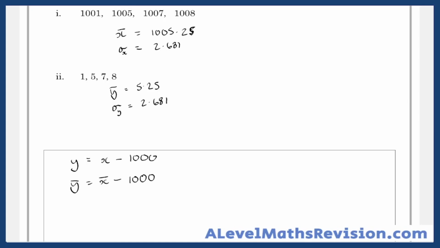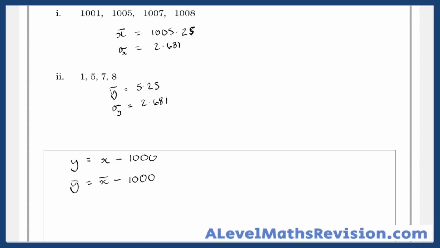Well, that's quite simple, because every single item of data has been translated or shifted 1000 units to the left. So the data after the transformation is no more spread out than it was. Remember, standard deviation is a measure of spread, and the data is still equally spaced.